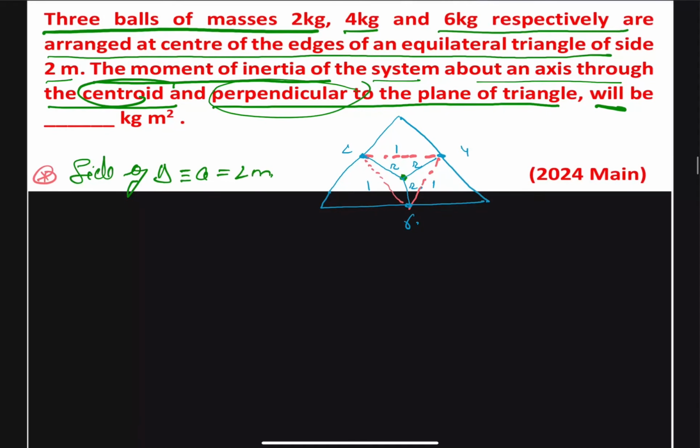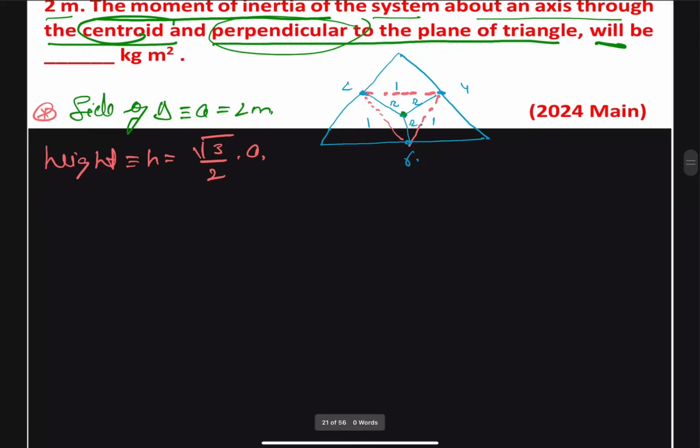Therefore height h will be equal to square root of 3 divided by 2 and multiply by A. So from here we get that our h will be equal to root 3 by 2 multiplied by 2, giving us that the h is equal to square root of 3.